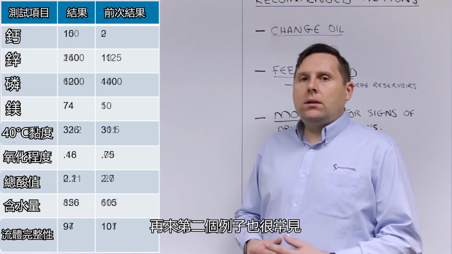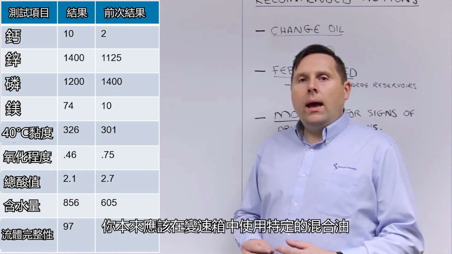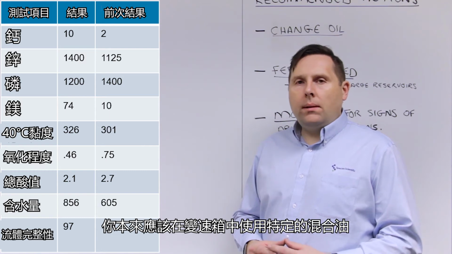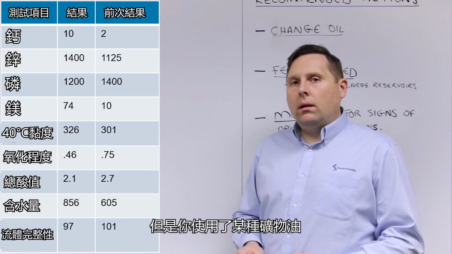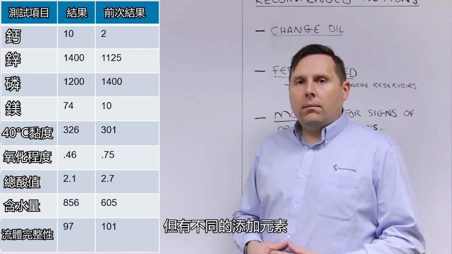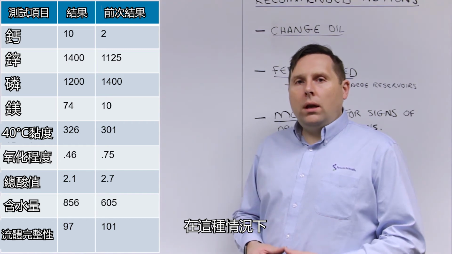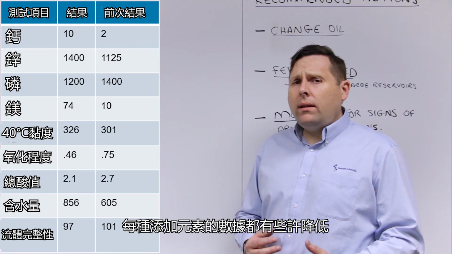Now let's take a second situation which is quite common, and that is where you have maybe a specified synthetic product supposed to go into a gearbox application, and instead of that you have something like a mineral oil that has the same viscosity but different additive packs. And if you look at this situation here, your viscosities are the same, but your additives are not that much different.